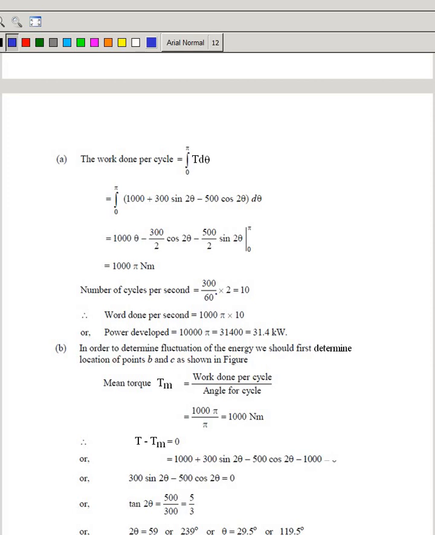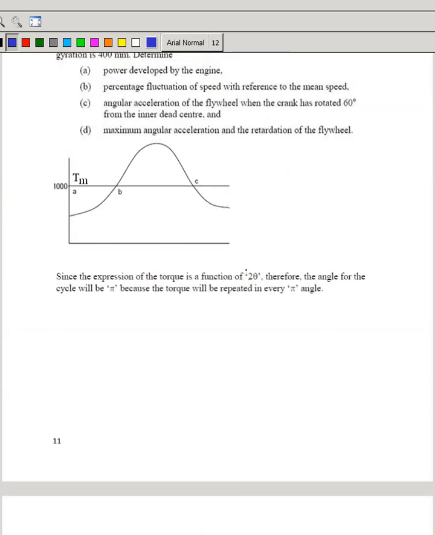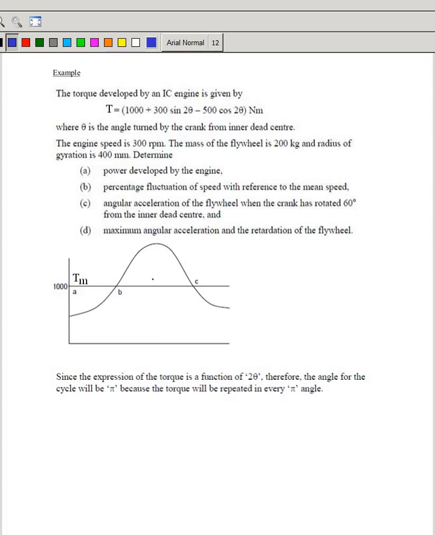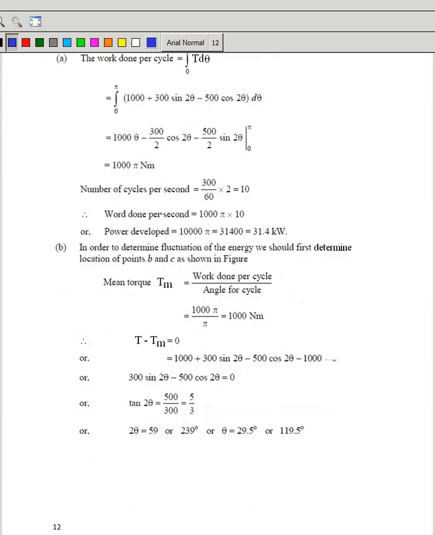For each revolution there are 2 cycles, because we have considered pi to be 1 cycle. Why? Because in the expression there is 2 theta. And the power developed is then 10,000 pi, which is 31.4 kilowatt.